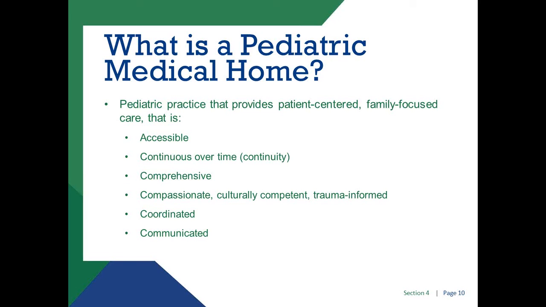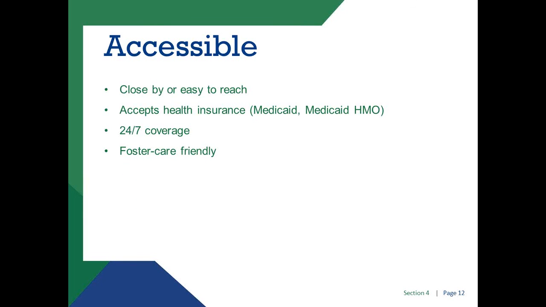So what is accessible care? On the next slide, you can see that accessible care is care that is close by or easy to reach, through transportation, that accepts the child's health insurance.